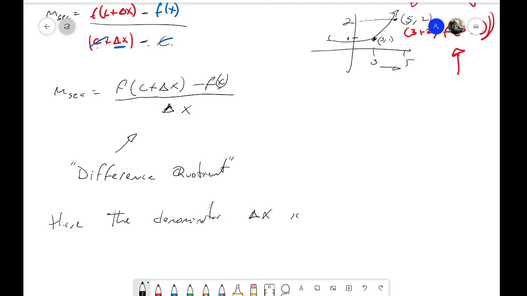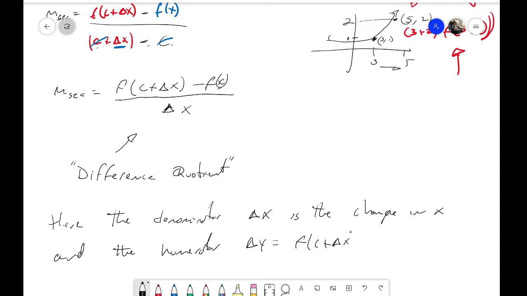Delta y here is equal to f of c plus delta x minus f of c, the change in the y variable.